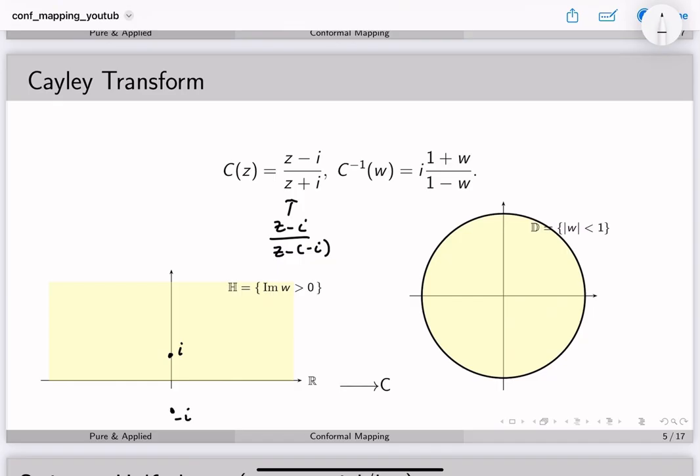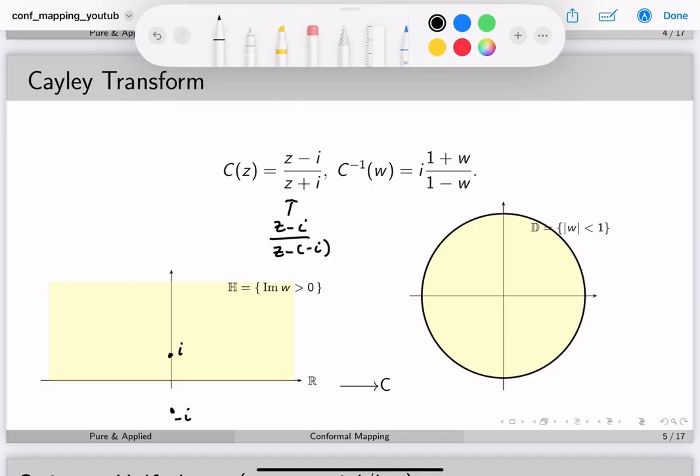And as it turns out, as long as you pick a z naught here, and you pick the reflection of it, you can take any mapping of this form.